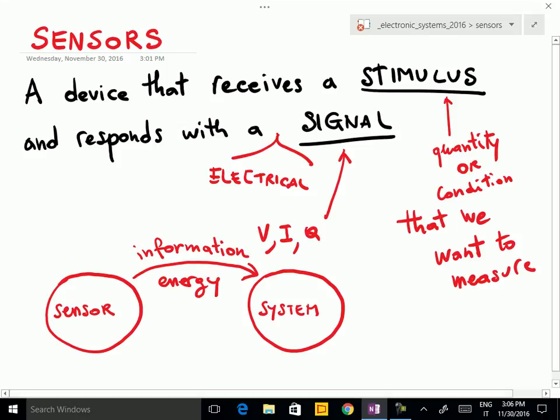So we have a flow of information which is connected to a flow of energy from the sensor to the system.